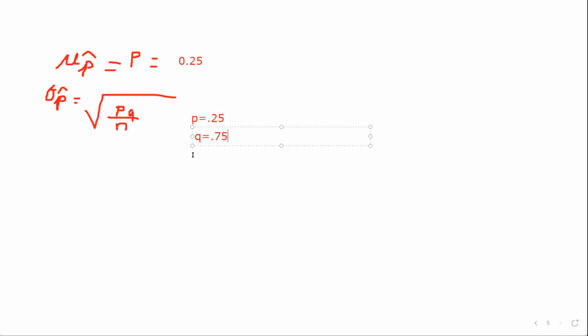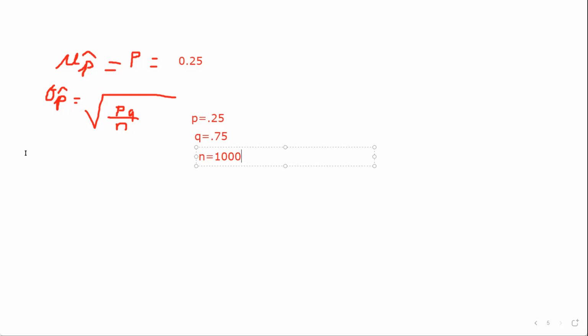And N is what? 1,000. Yes. So we're going to stick all that in the formula. Because I've done this problem repeatedly, I happen to know that sigma of p hat should be 0.01 if you get it correct.